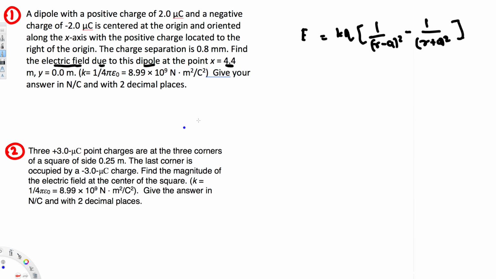And we know that k is equal to 9 times 10 to the power of 9, and here we have the charge, that is 2 microcoulomb, 2 times 10 to the power of minus 6 coulomb, and then 1 over (r minus a) square. R is the distance of the point, that is 4.4, minus a square.